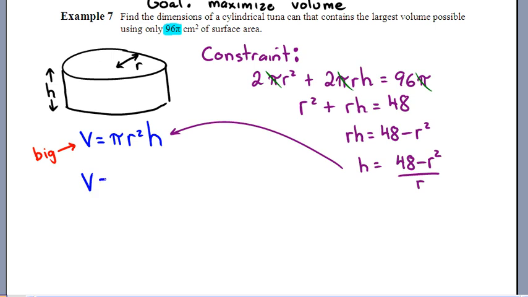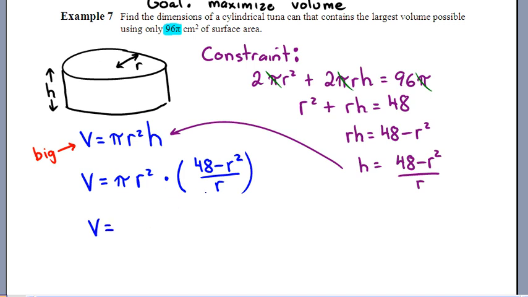So rewriting this volume formula that I'm trying to make really big, I would have pi, the r squared, and then here comes this bit of a mess. But the good news is at least it's not another variable. It's just the same variable, it's just the r. Oh, that's a bit messy. Tidying this up, let's just make this look better.